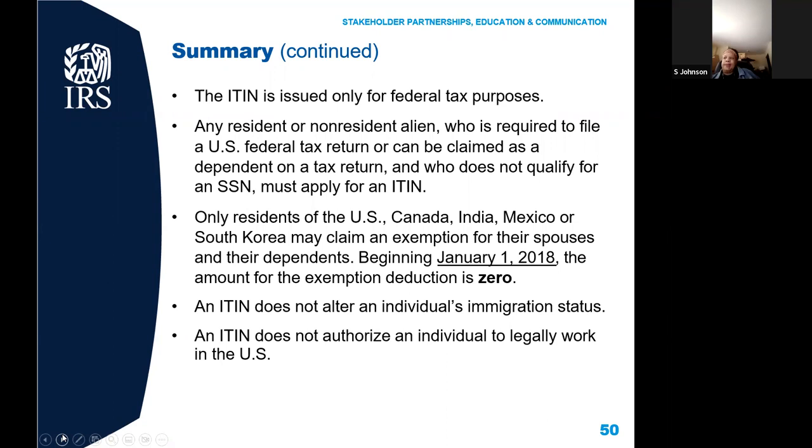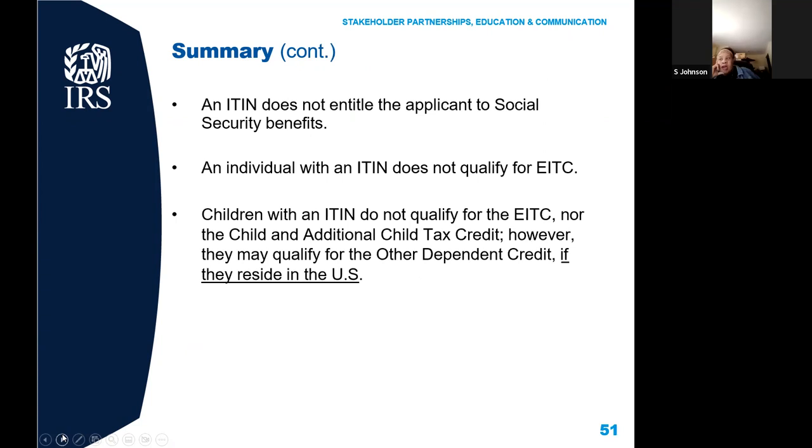And it doesn't entitle the applicant to any social security benefits. It doesn't qualify the individual for the earned income tax credit, which is refundable. The children with an ITIN do not qualify for earned income tax credit, nor the child and additional child tax credit.